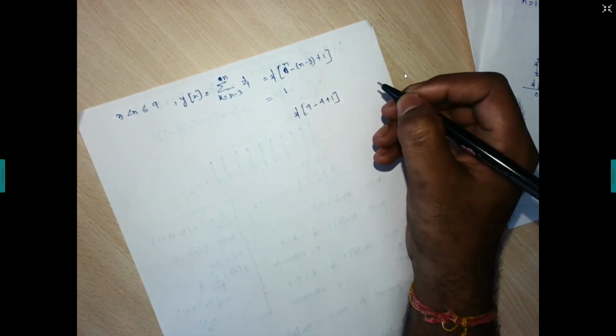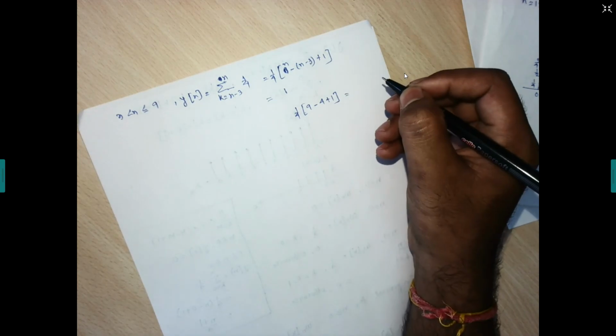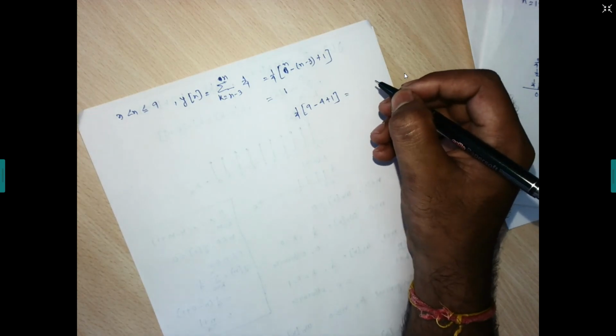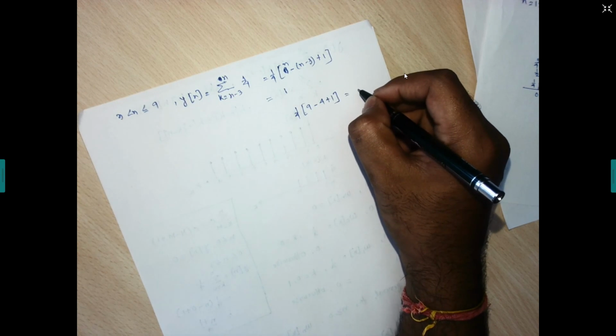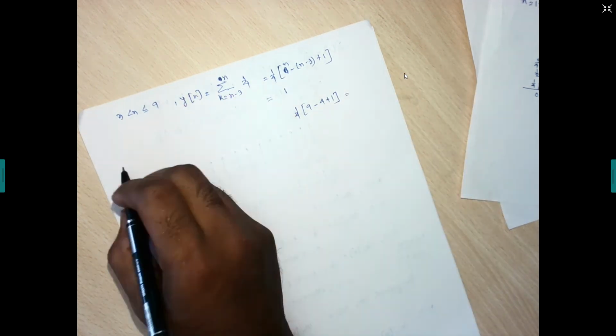So what is the result? How much is it coming? That is 5 minus 5 plus 1, something wrong most probably. Okay, let me complete this one first, then after that I will come back.